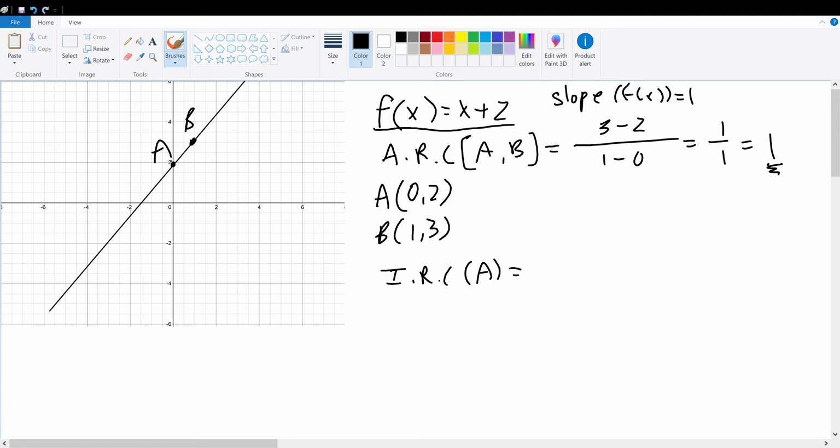Well, let us apply our knowledge of the secant line slope, which is the average rate of change, to the instantaneous rate of change.